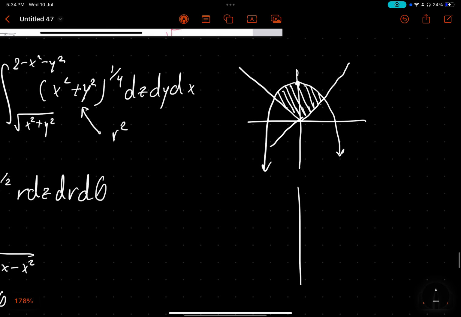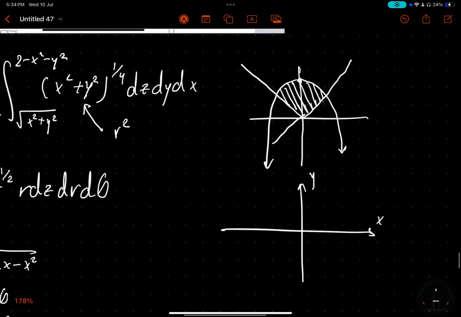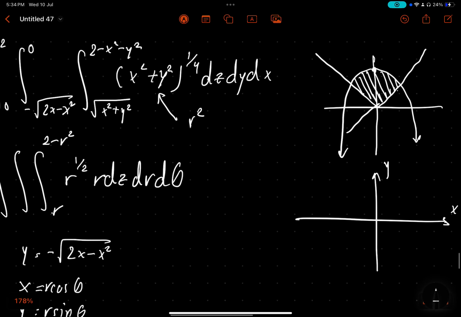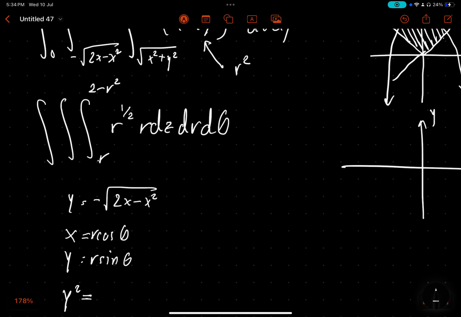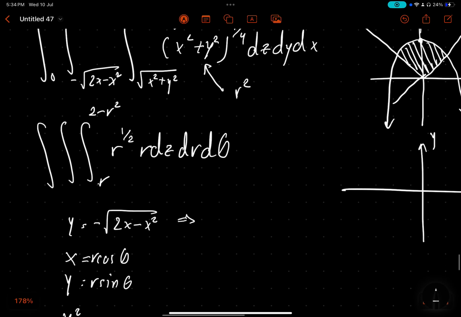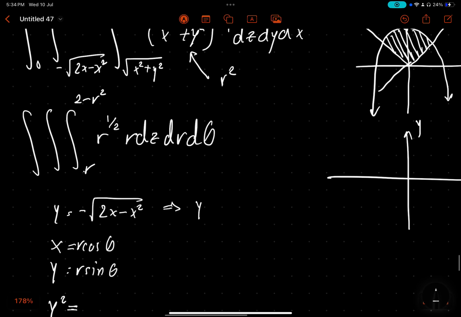And then let's draw the xy, or let's say r theta, whatever you call it, for the polar. So let's try to find what this is. This is y squared equals 2x minus x squared.